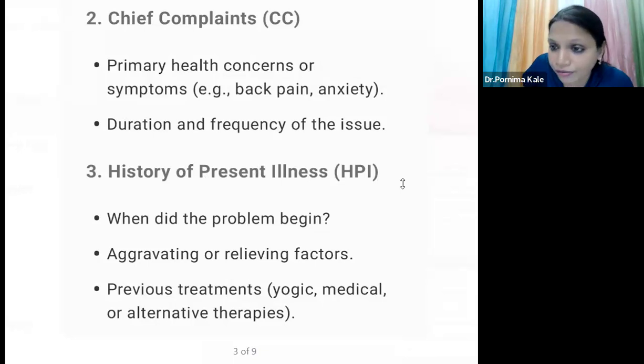If I am a patient of hypertension and I am coming to you for yogic therapy, then what I will share with you is the present complaint or chief complaint: hypertension. Okay, my history of present illness, I will share that 2 years before I was normal.